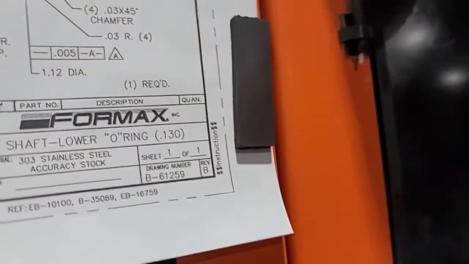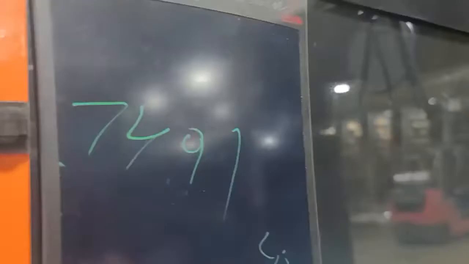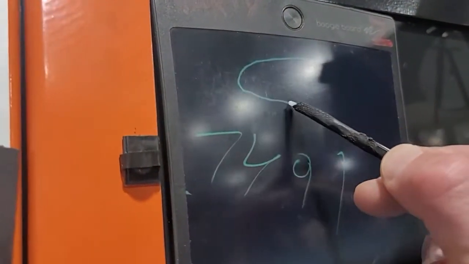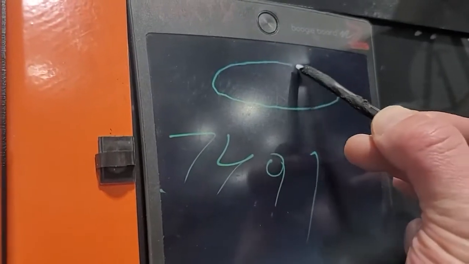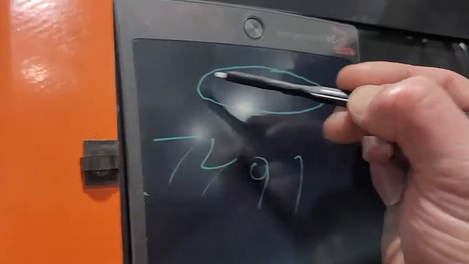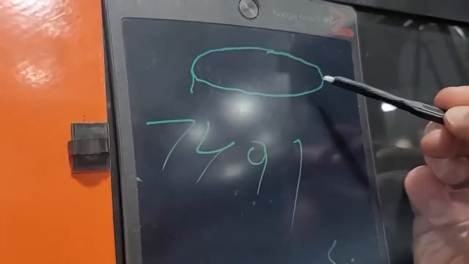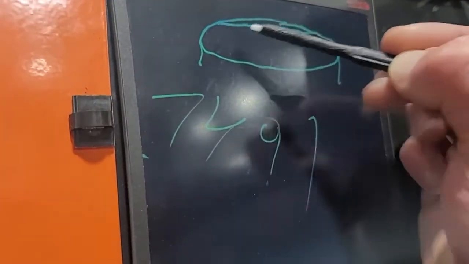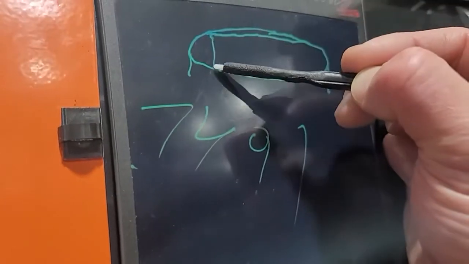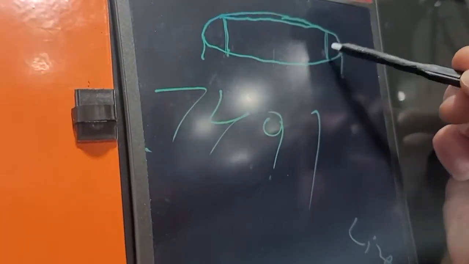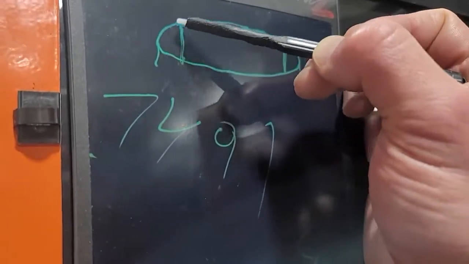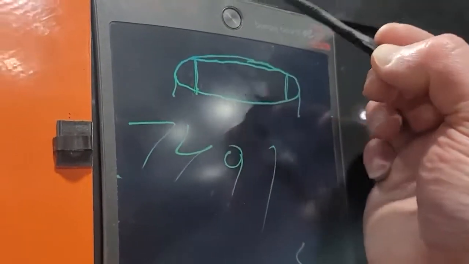Now, let me draw this one. Usually the way you program a slot, and I think I've explained this in a video, you program it not from here to here, but to the straight here, and these radiuses are automatically generated.